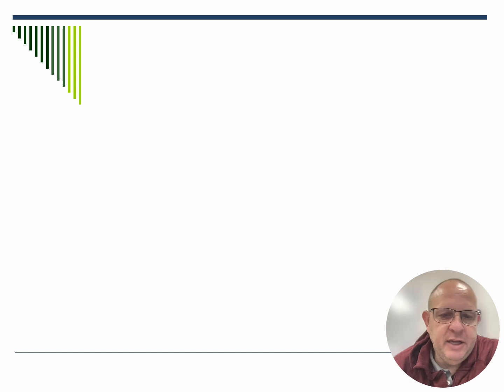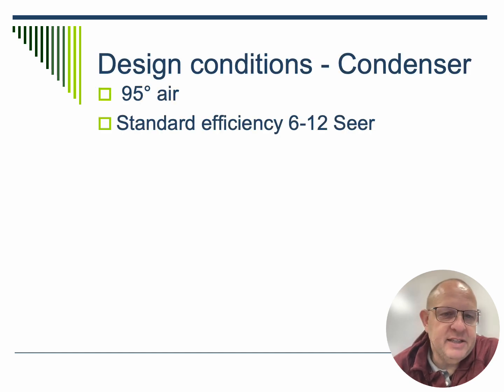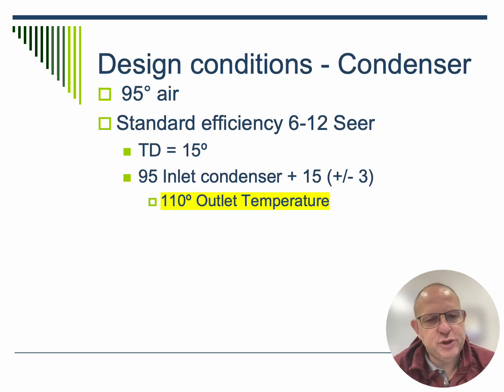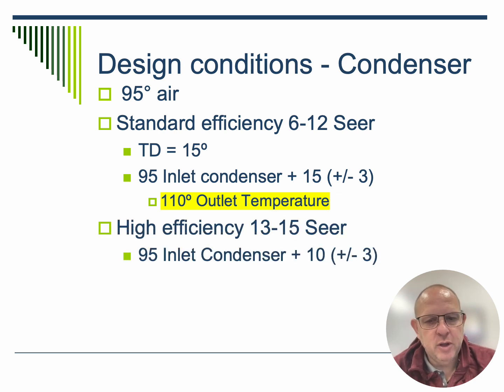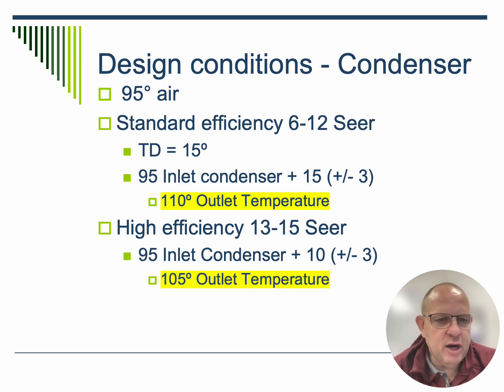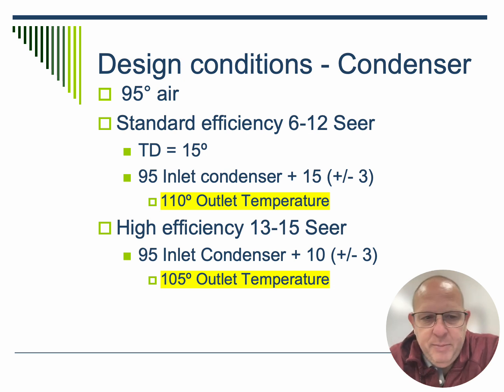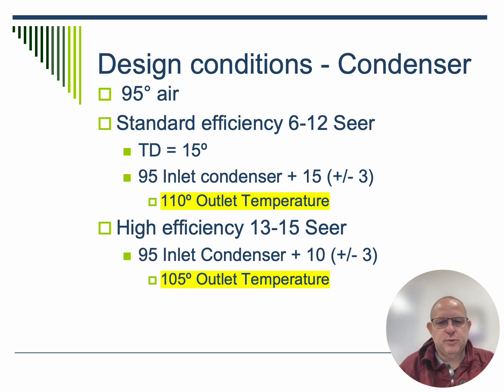So when we're speaking to design condensing temperatures, the condensing temperature over ambient has to do with the refrigerant on the inside of the condensing unit. And when we are referring to the actual temperature difference between the ambient temperature and the outlet temperature on the condensing unit, on a standard efficiency unit that's running R22, we might only see a 15-degree temperature difference between the ambient temperature and the discharge temperature.